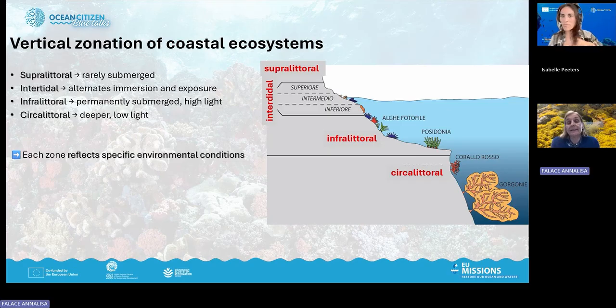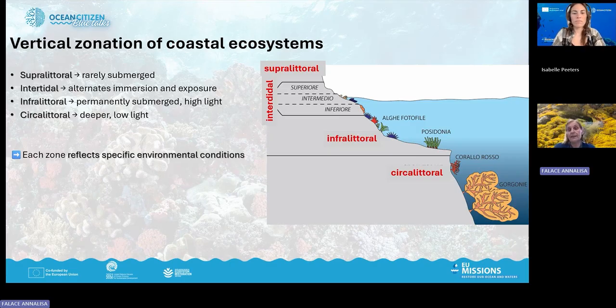Then we have the intertidal, which is very important, as we will see, for brown macroalgal forests, characterized by periods of immersion in the high tides and exposure during low tide.